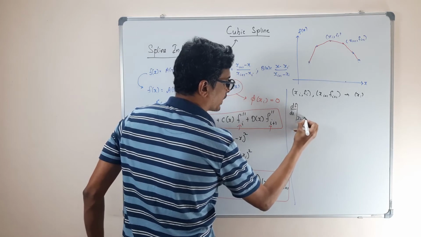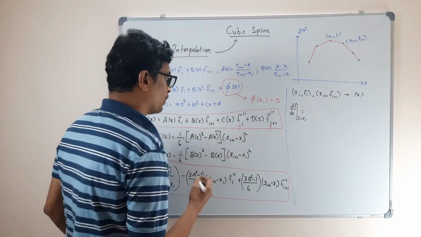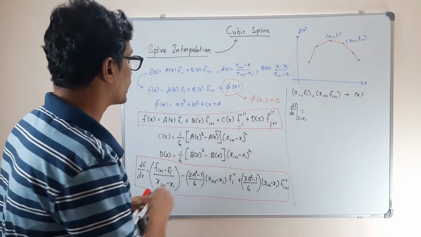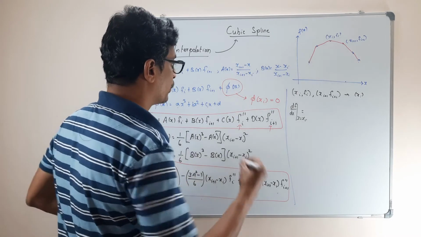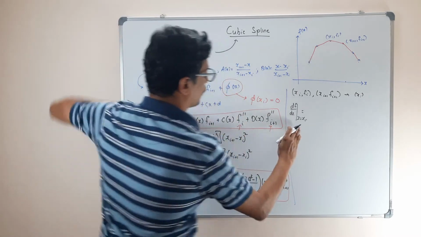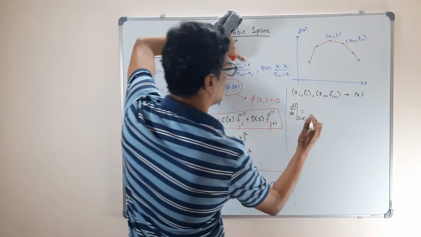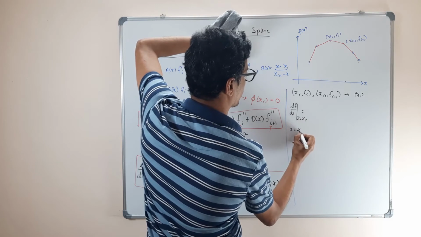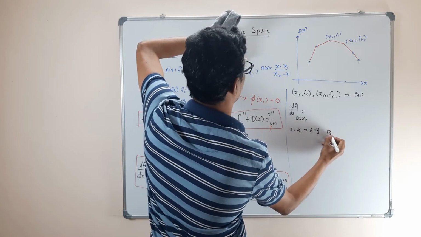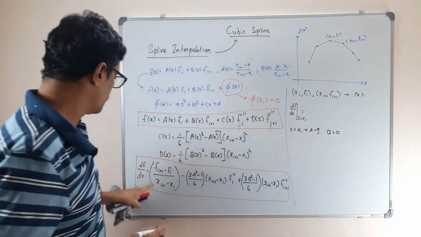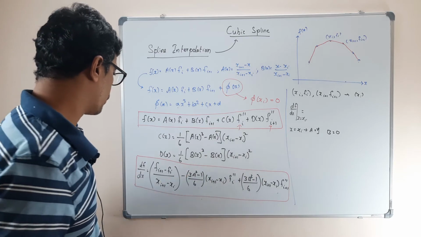at x equal to xi will be, all we have to do is put x equal to xi in this function. When x equals xi, a will be equal to 1 and b will be equal to 0. Therefore df by dx at x equal to xi, this term becomes 0, and a becomes 1.